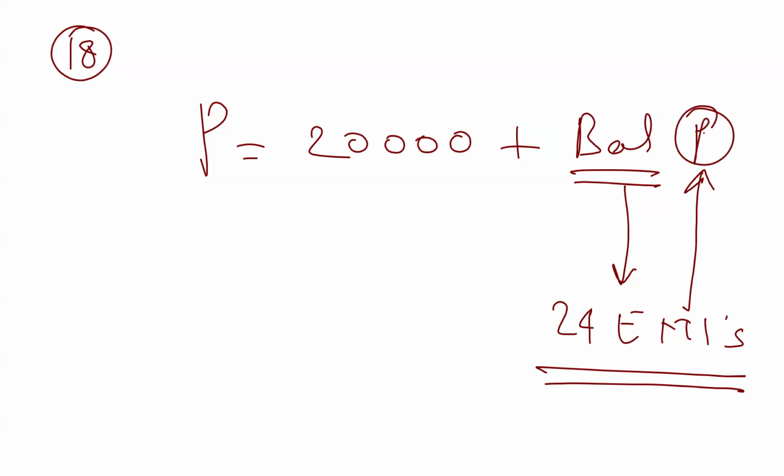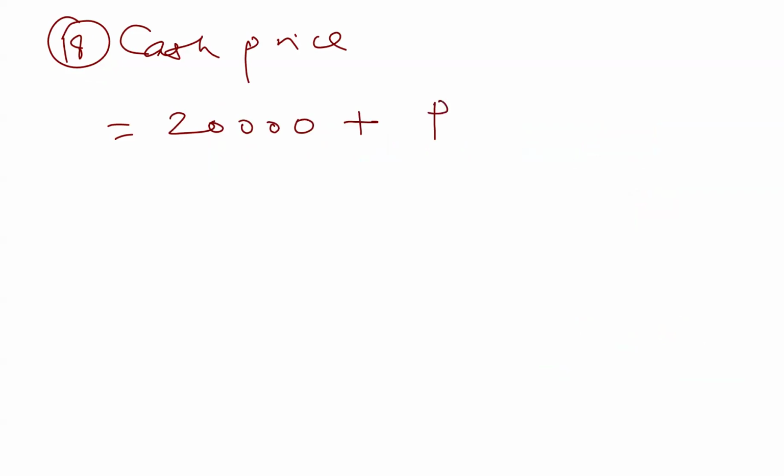Fine. So cash price is equal to 20,000, which is paid on day one, plus present value of all 24 EMIs. We cannot take the future value of all the EMIs. We have to take the present value because the price quoted while purchasing the television is asked. If you are not able to remember this, just memorize it. But it is a present value: 20,000 plus present value of all 24 EMIs.